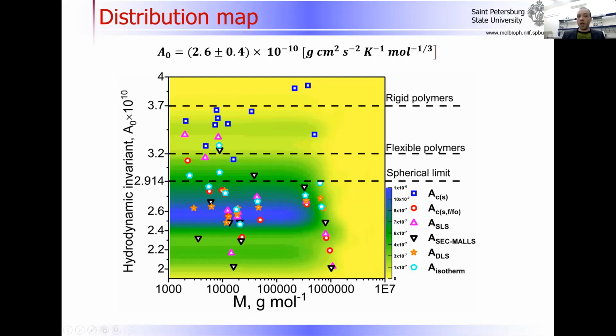We see that the average value is going to be 2.6 plus or minus 0.4, which is actually smaller than the theoretically predicted limit for spherical particles. So the dendrimers and the hyperbranched polymer macromolecules show lower values. If you assume the error, then of course it is within the error, but still it's rather low. We will use this value to judge whether a value of the molar mass is okay or not, or whether a value of the diffusion coefficient is okay or not.